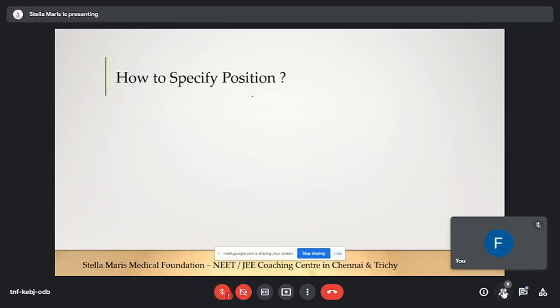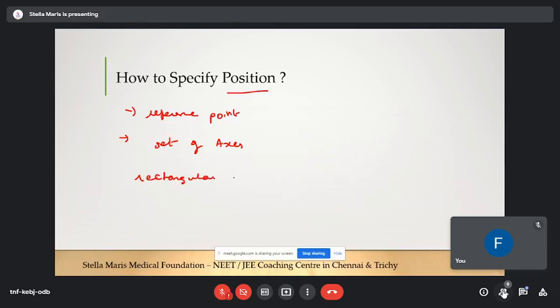This is going to be the y-axis, this is going to be the x-axis, and this is going to be the z-axis. The point of intersection of these three axes is nothing but the origin, and it is the reference point.